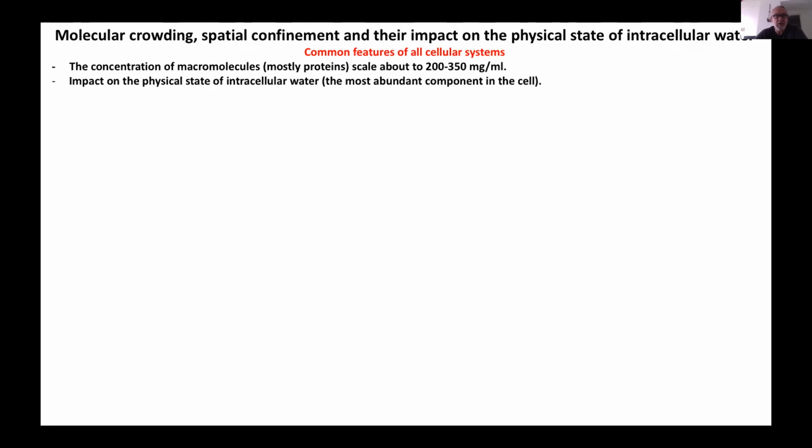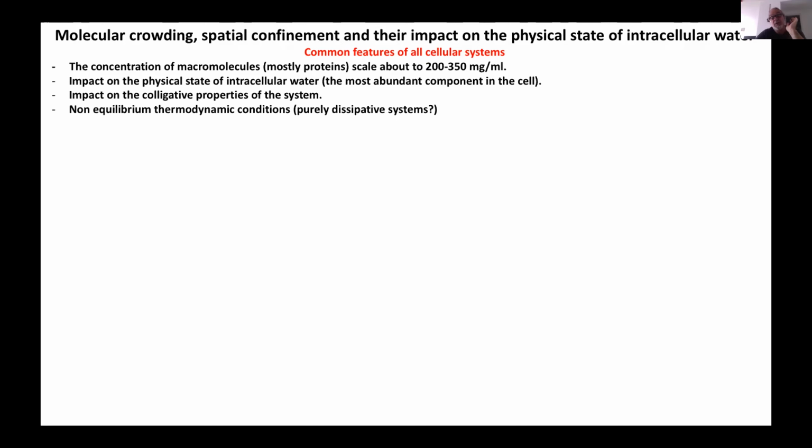And that, of course, will impact the physical state of intracellular water, which is, by the way, the most abundant component in the cell. Obviously, if one analyzes from basic physical chemistry, this will have a very big impact on the colligative properties of the system, and of course on the properties of intracellular water.